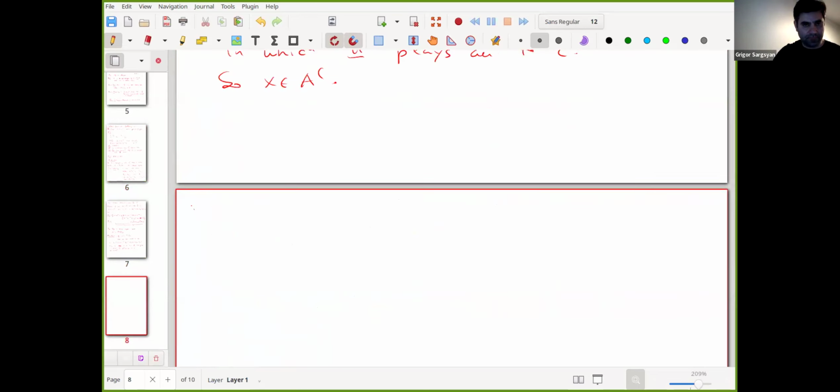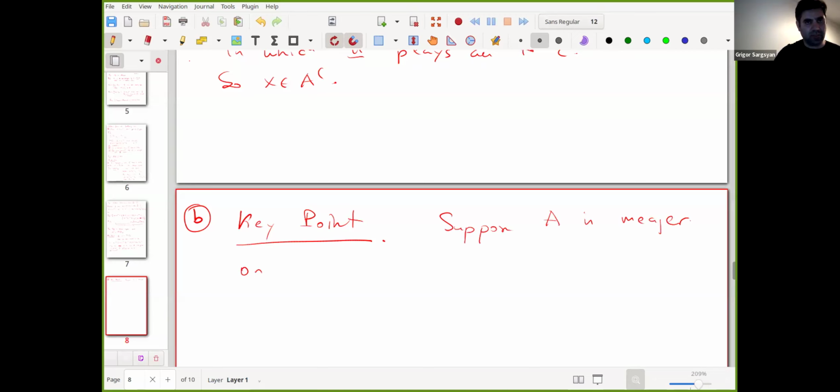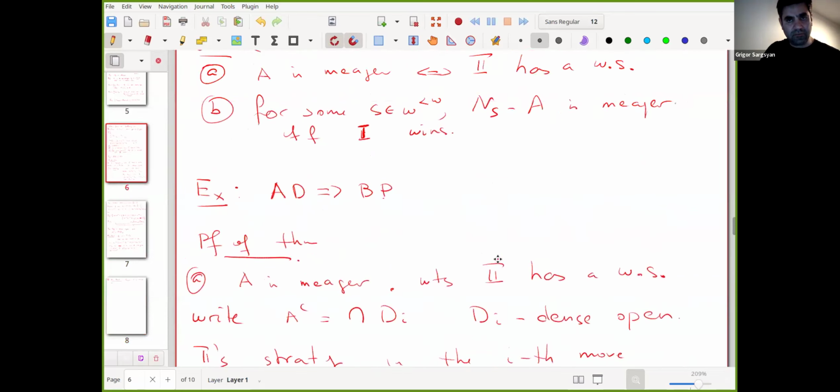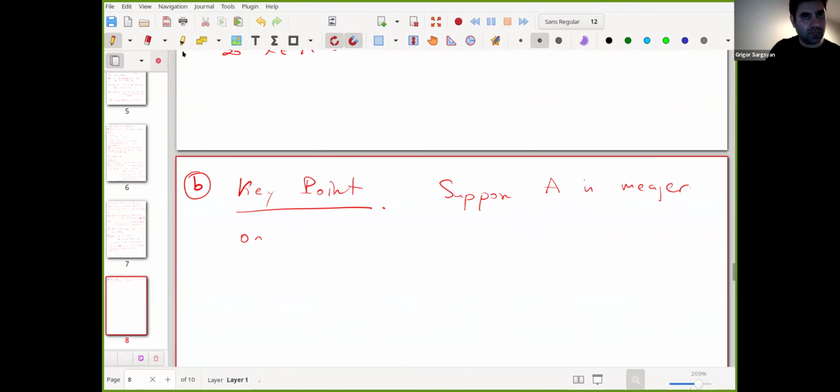But for B, just basically the key point. What is the key point? Suppose A is meager on, sorry, N_S minus A is meager. So suppose N_S minus A is meager.